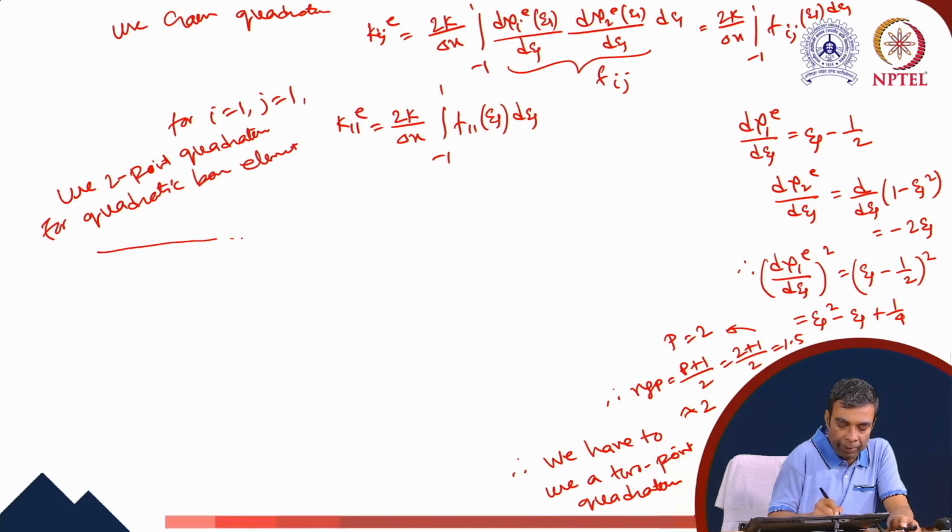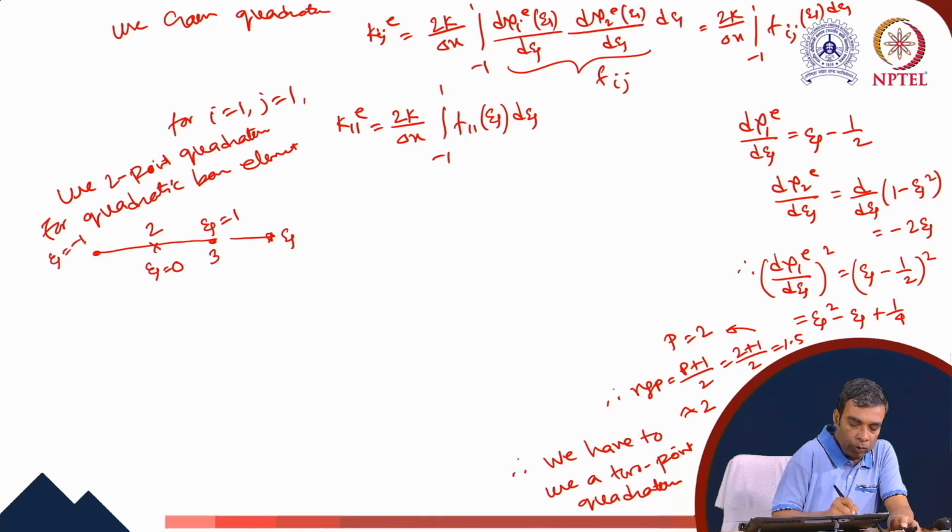This is our bar element. This is xi equals 0, xi equals 1 is local node 3, this is local node 2, and this is xi equals minus 1, local node 1.